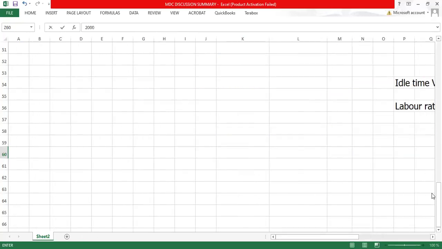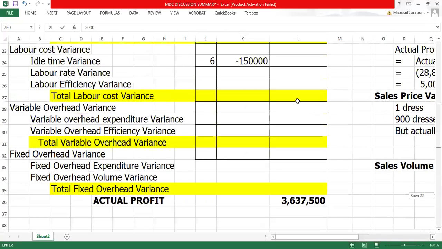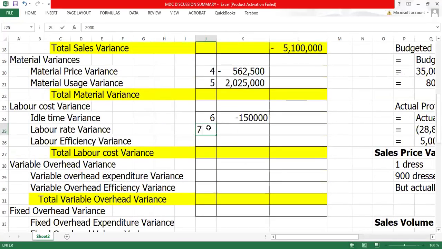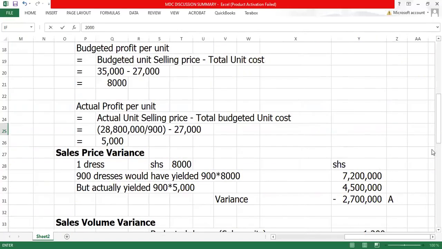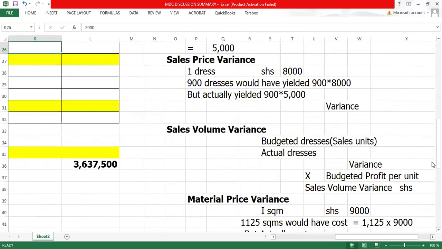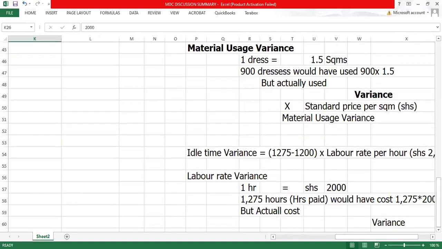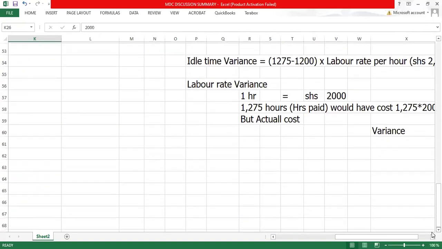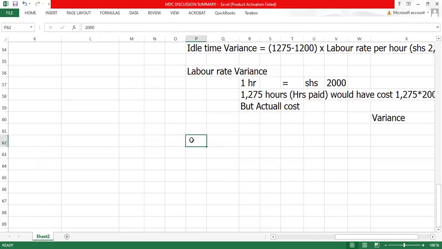So you can report here where you have labor rate. This is working number 7, and the amount is 1,000,275. Okay, next we need the labor efficiency variance.